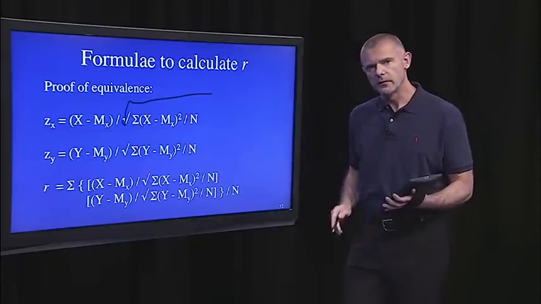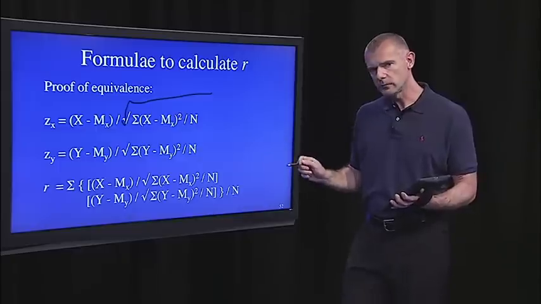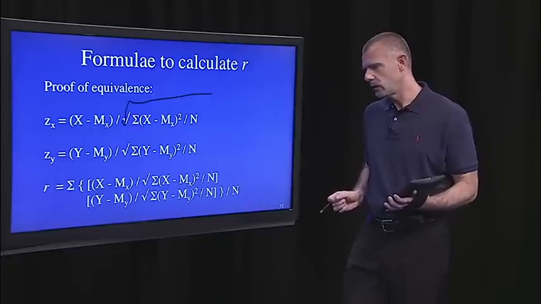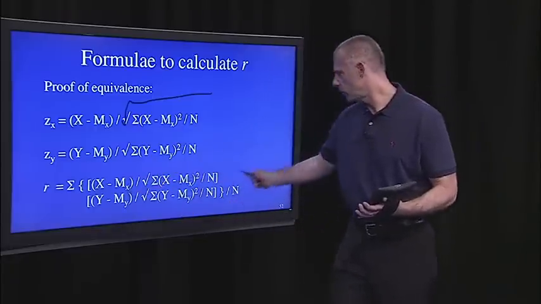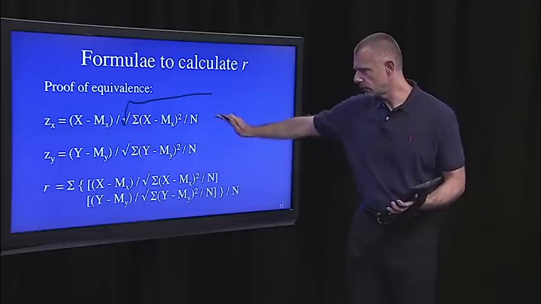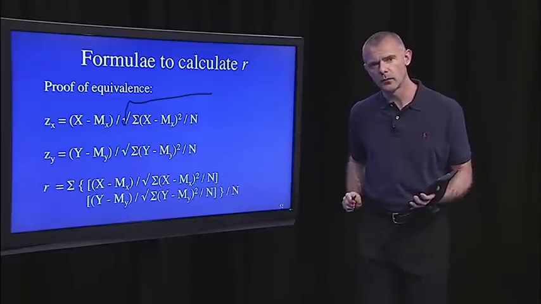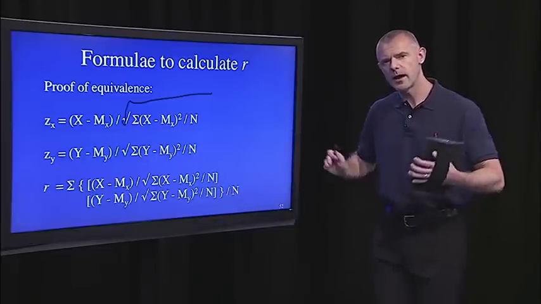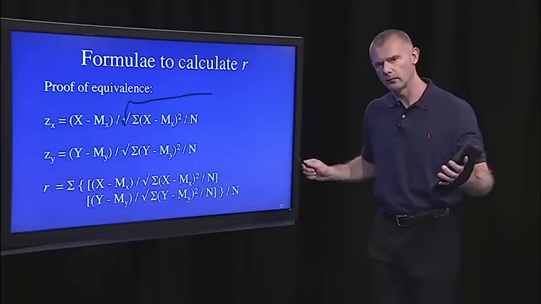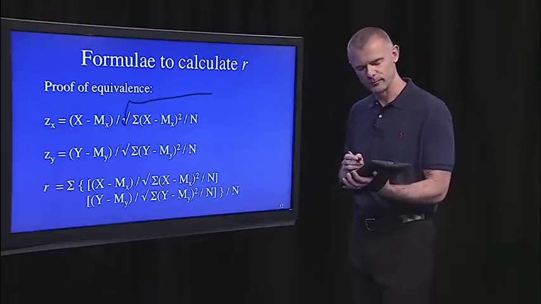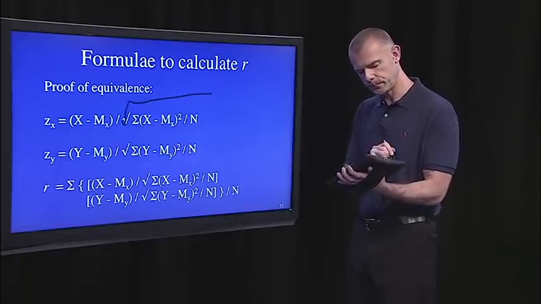Remember, in the z-score formula for r, we had the product of the two z-scores, and I'm going to sum those products. So I'm taking the first z term, the second z term, and plugging them into the formula for r. So we're writing out the formula for r in long form. It looks ugly, that's why I started with the short one with the two z-scores.